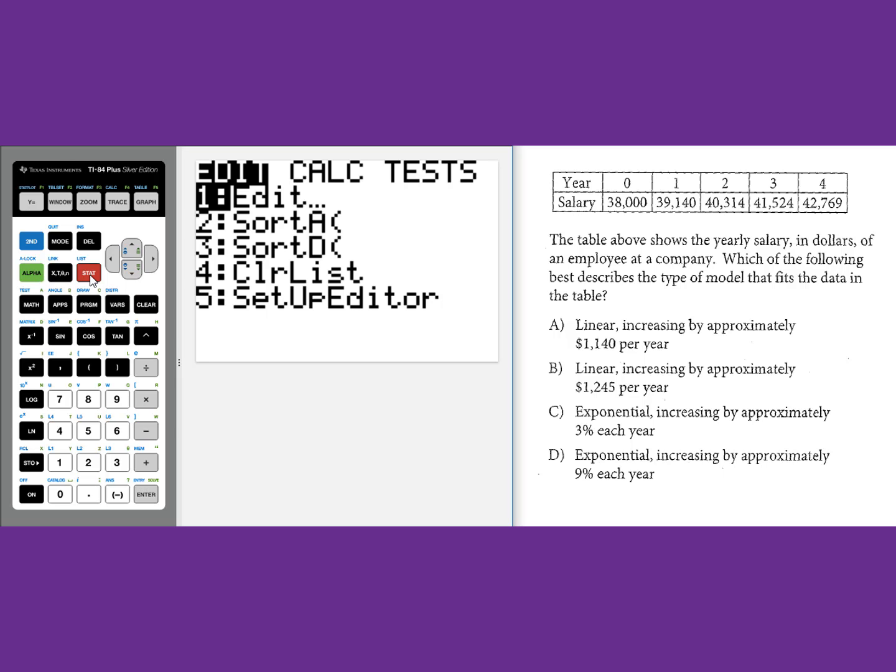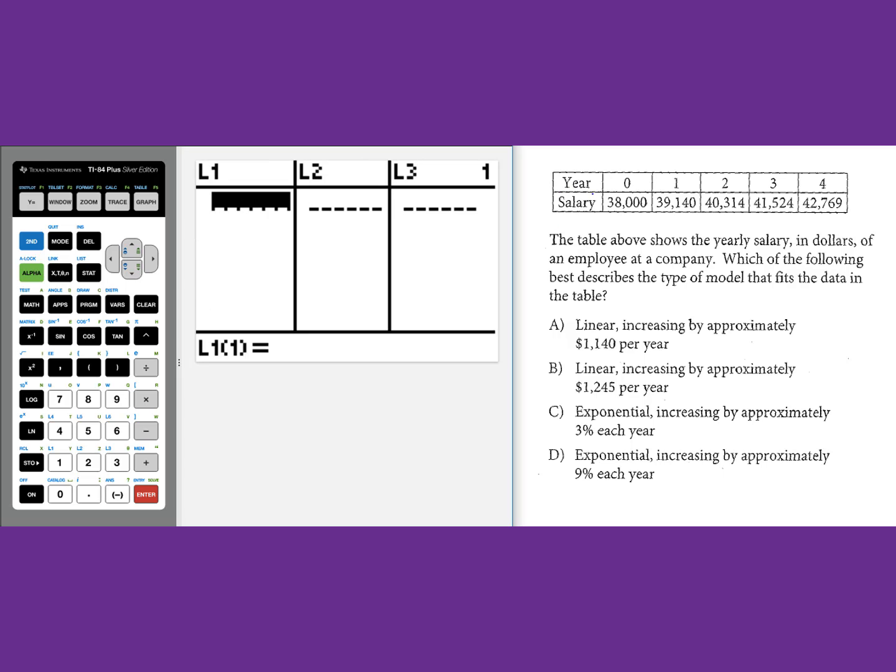Therefore, we go to Stat, Edit, and press Enter. L1 will be year, so we enter 0, 1, 2, 3, 4. Then go to L2 and put in 38000, enter. 39140, enter.